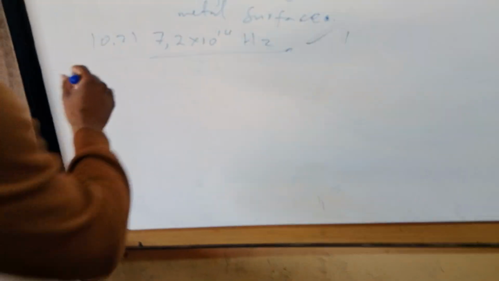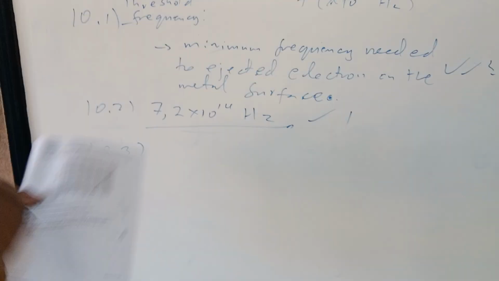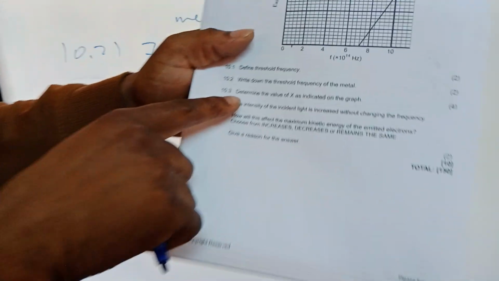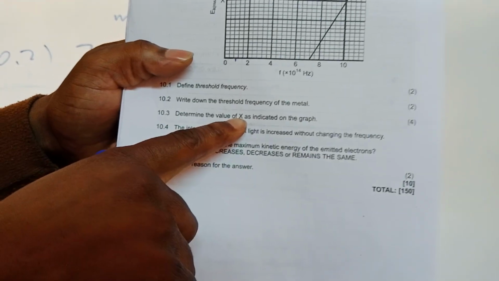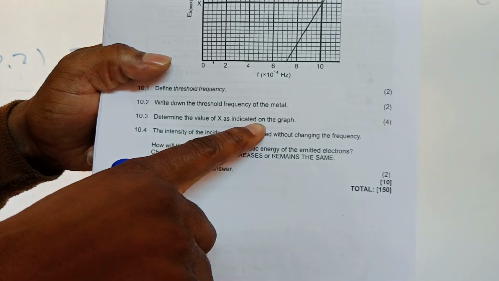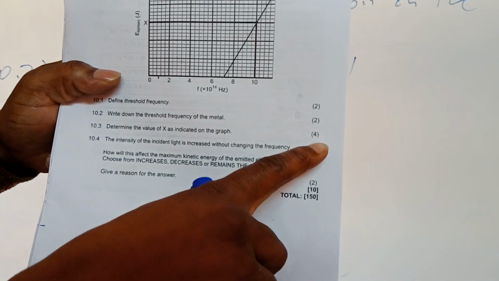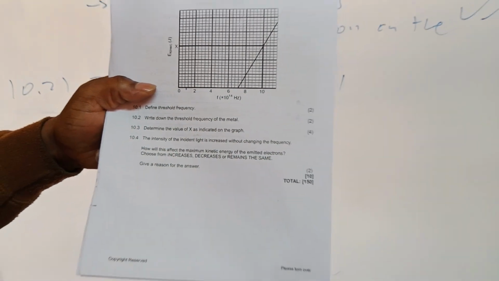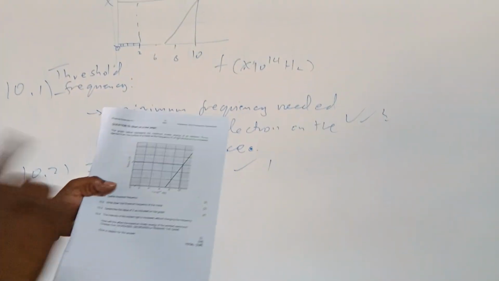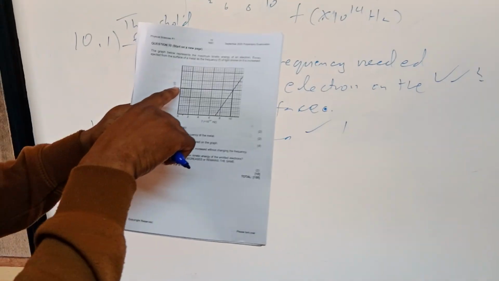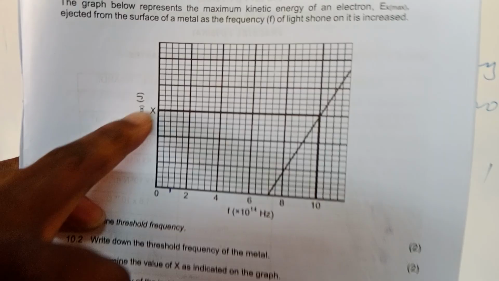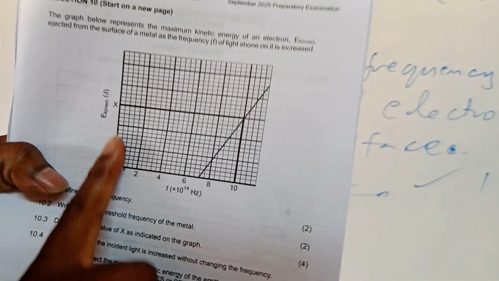Let's move on to 10.3. Determine the value of x as indicated on the graph. That's 4 marks now. You see that? So what might be the value of x? Looking at the graph, x is on the y-axis and frequency is on the x-axis.